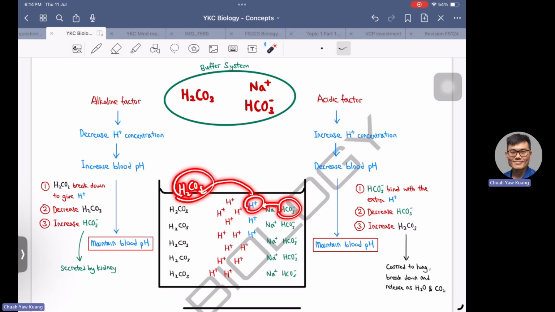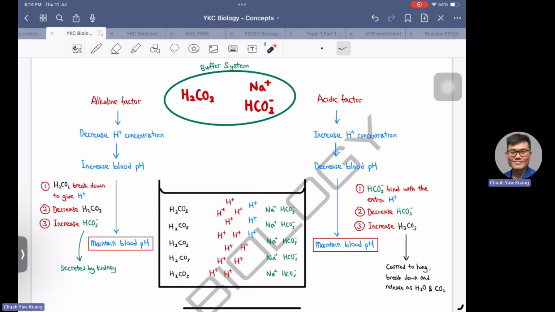So these will be the extra carbonic acid. That would be the first thing. The bicarbonate ion will bind with the hydrogen ion, and then it will form the carbonic acid. This means it is going to decrease the bicarbonate ion and increase the carbonic acid.